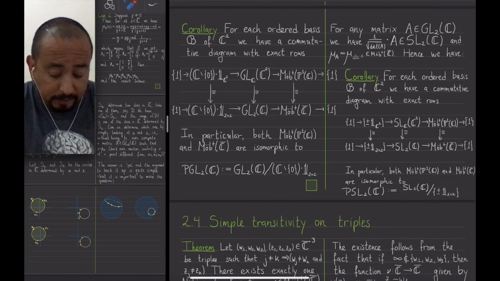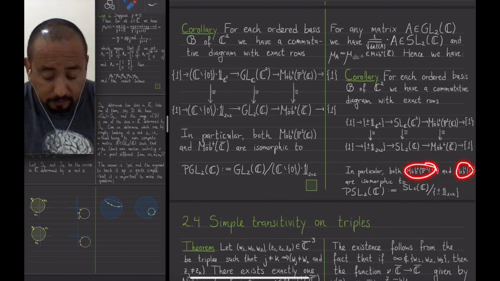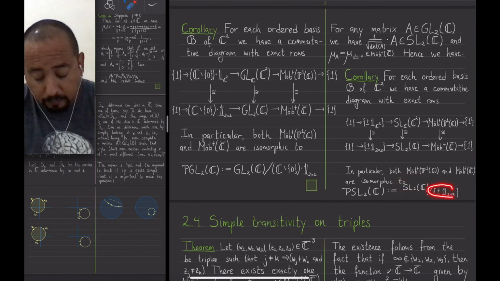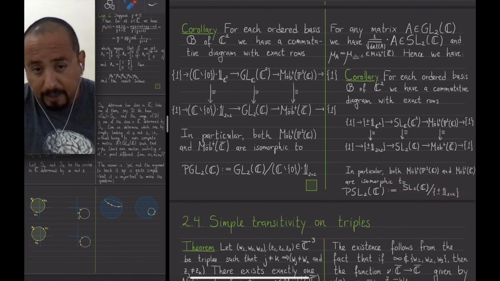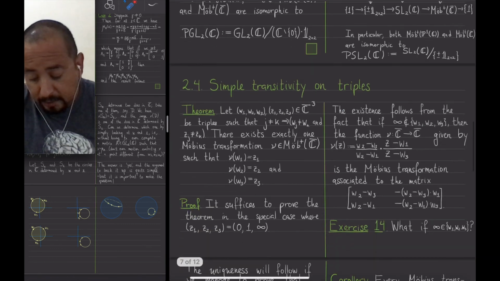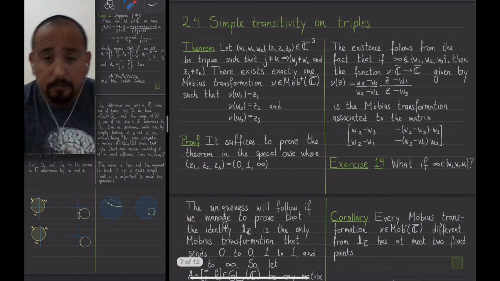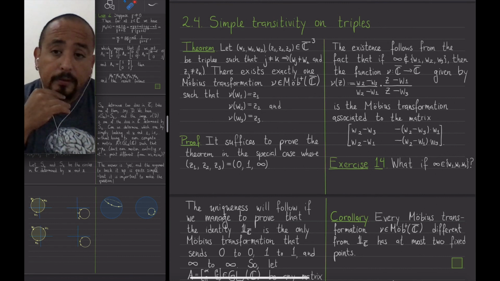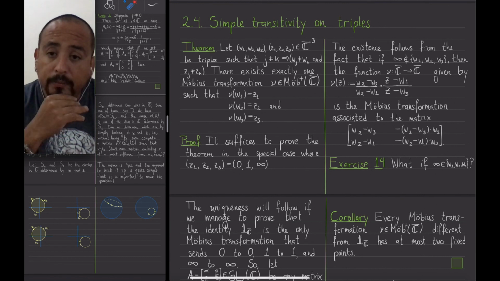So you only have to be careful with multiplying matrices by -1 sometimes. Then we went on to prove the simple transitivity on triples, this famous property of Möbius transformations.